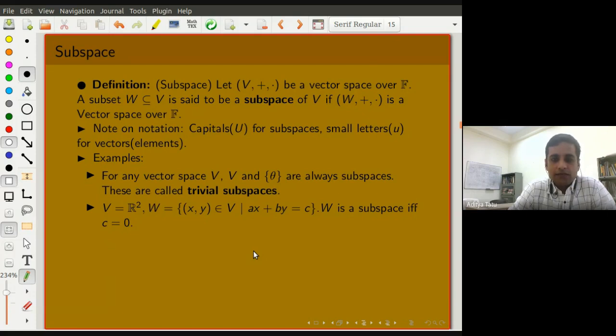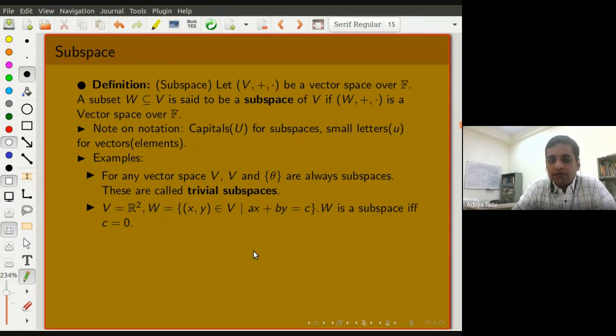How will you prove this, by the way? Remember, you will have to show that each and every vector space axiom is true. Any doubts in this particular example? Note that A and B can be arbitrary, but they are fixed. W doesn't necessarily have to be a line.